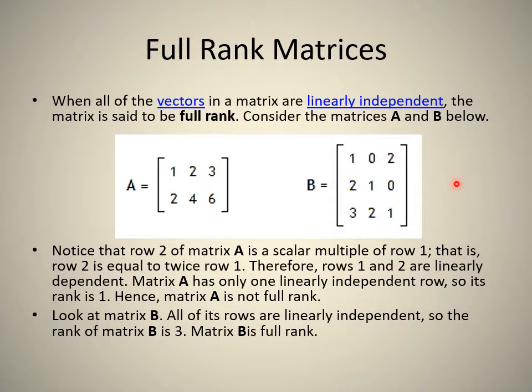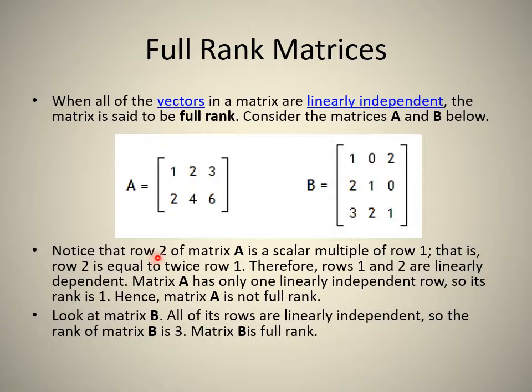So when all the vectors in a matrix, as I've just said, are linearly independent, we talk about a matrix to be of full rank. So if we look at these two matrices, matrix A is a 2 by 3 matrix, and matrix B is a 3 by 3 matrix.